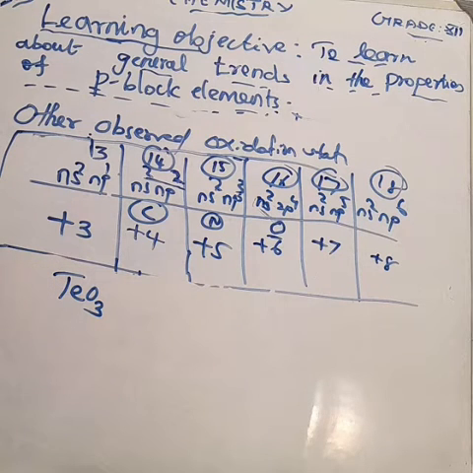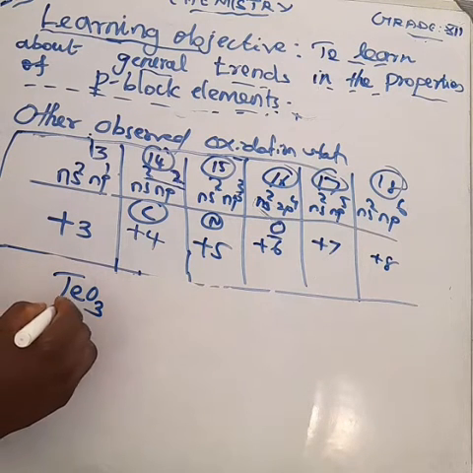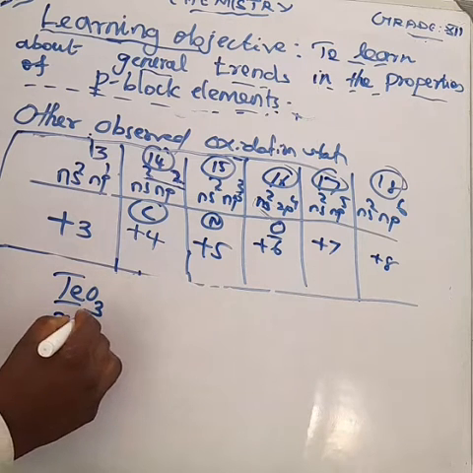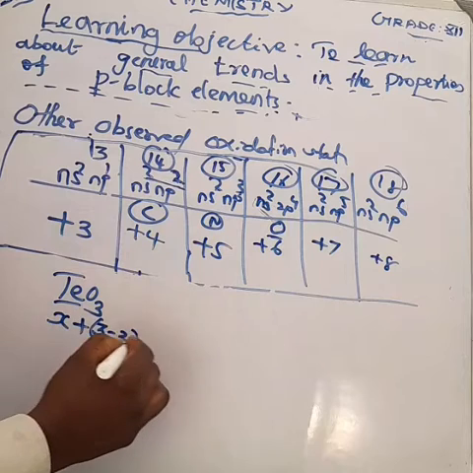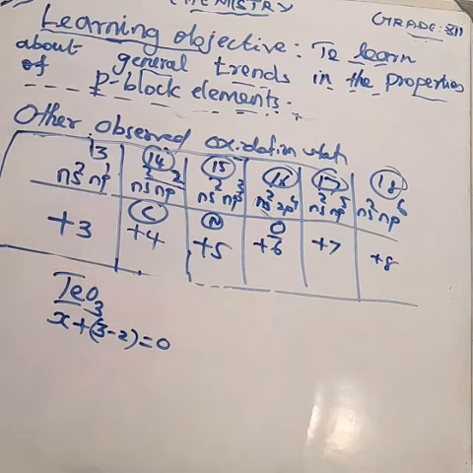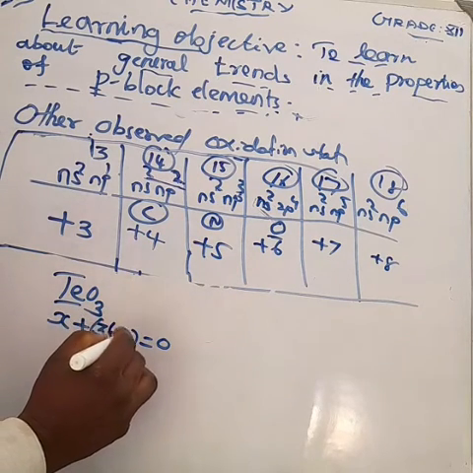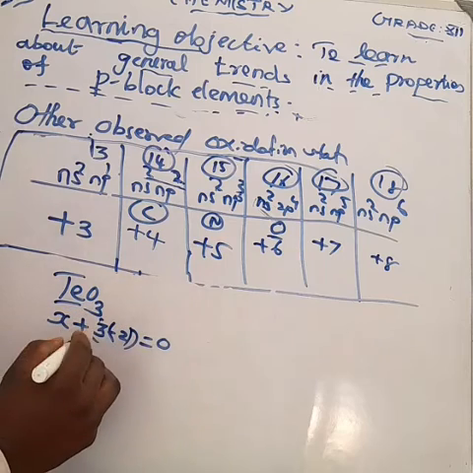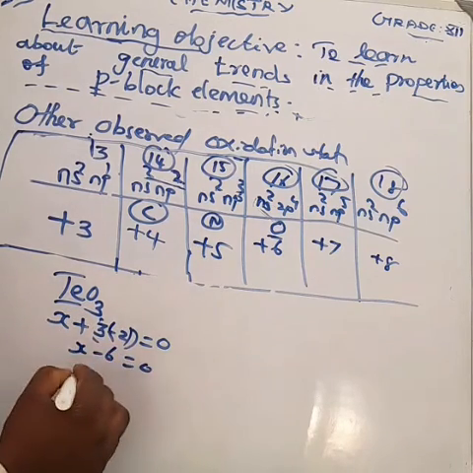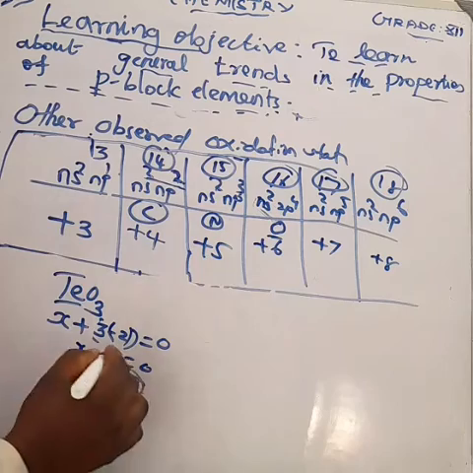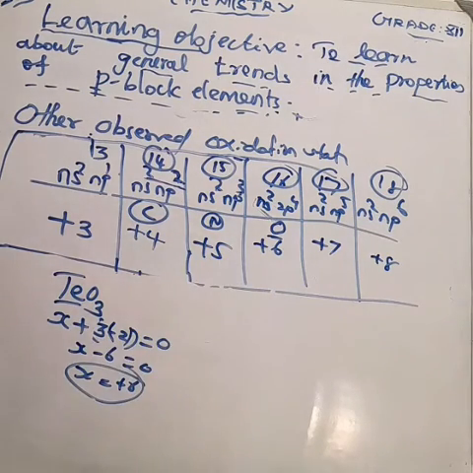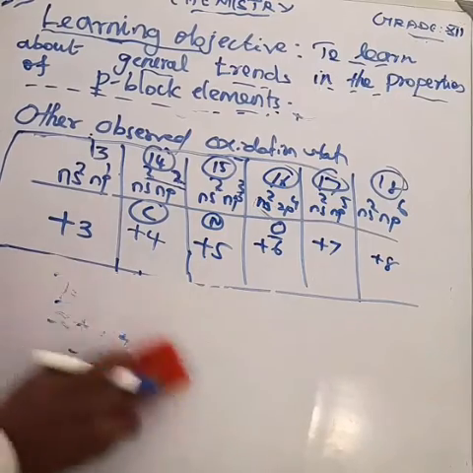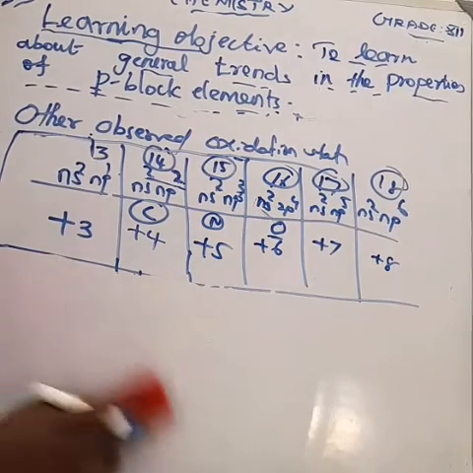We have to find out the highest one. Te we can take as X. X plus, how much oxygen is there? 3 oxygen. So 3 into minus 2 equals 0. X minus 6 equals 0. X is equal to plus 6 oxidation state. Can you understand, my dear children? Next, the other observed oxidation states are plus 4, plus 2 and minus 2.